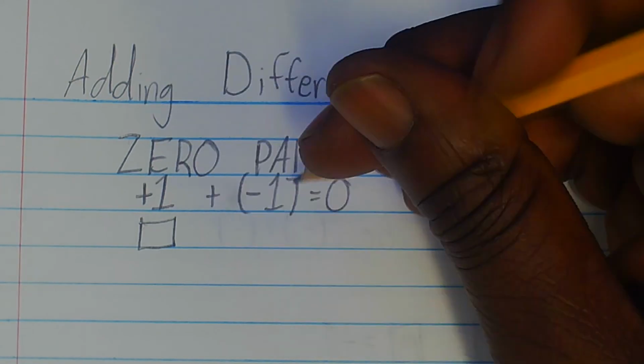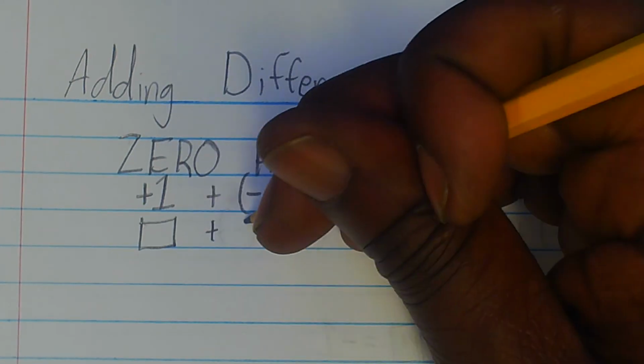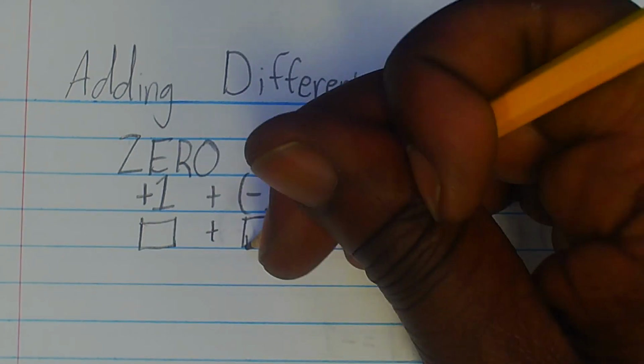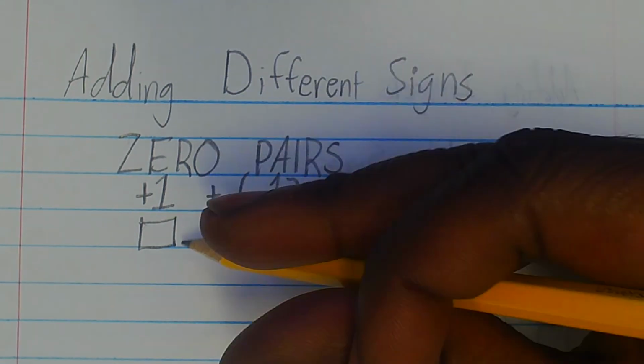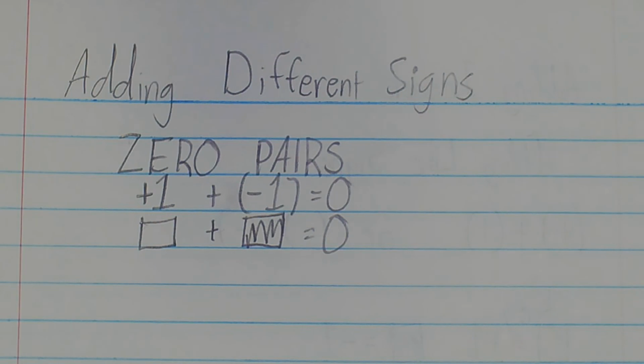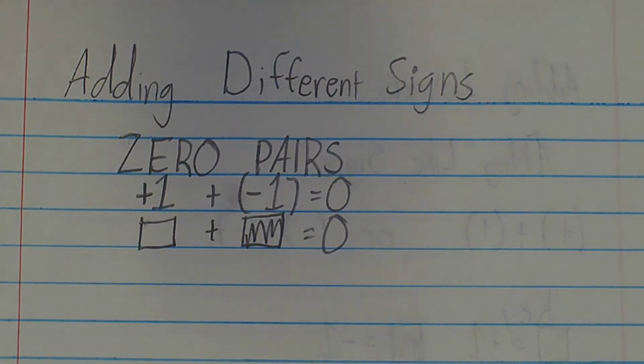And this looks similar if we have the counters. That'll be a positive plus a negative. And that's going to equal 0 because they cancel each other out. So one positive and one negative, they cancel each other out.